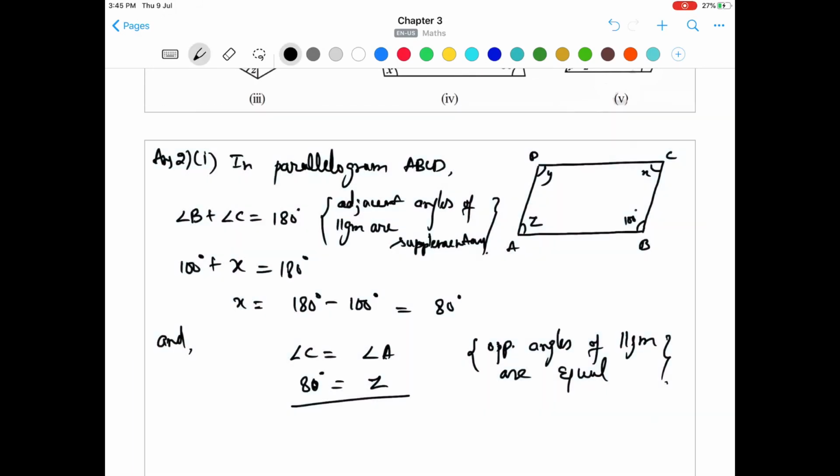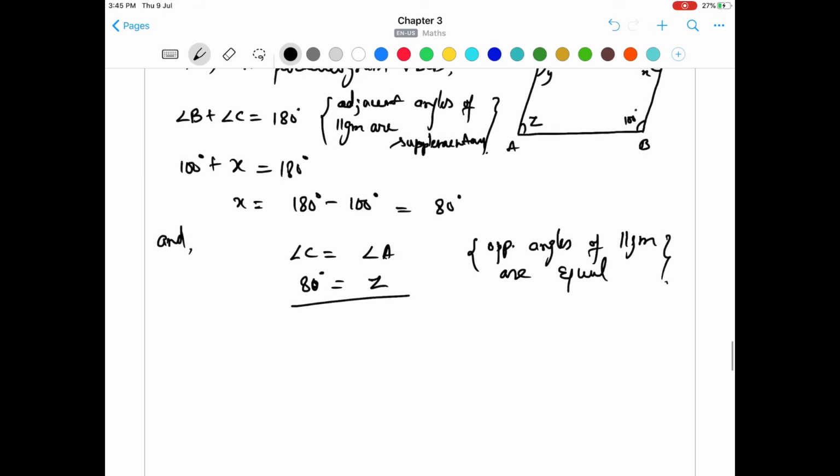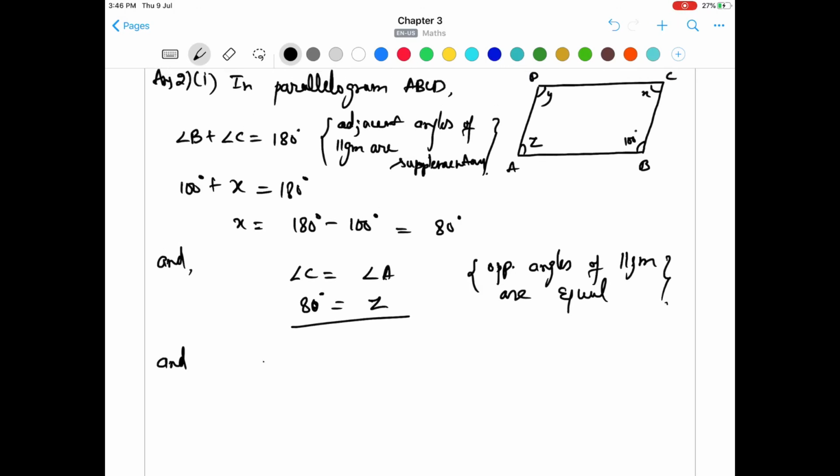Then we have to find the value of angle y. So now we'll write, angle D plus angle A will be equal to 180 degree. The reason for this one is again the same as the first one, that adjacent angles of a parallelogram are supplementary.